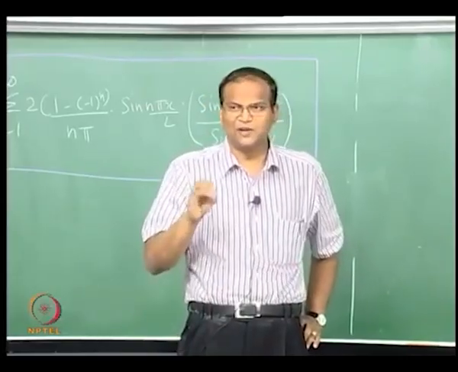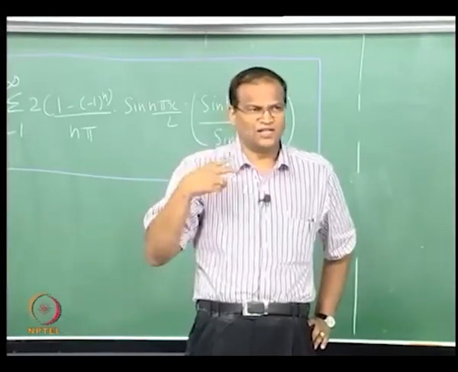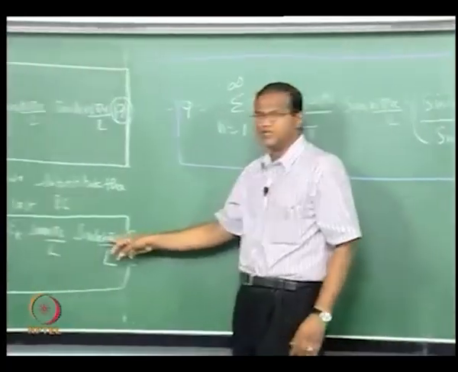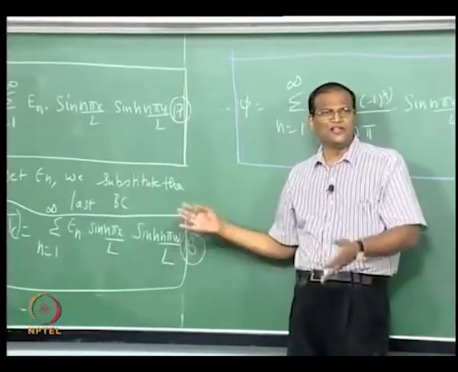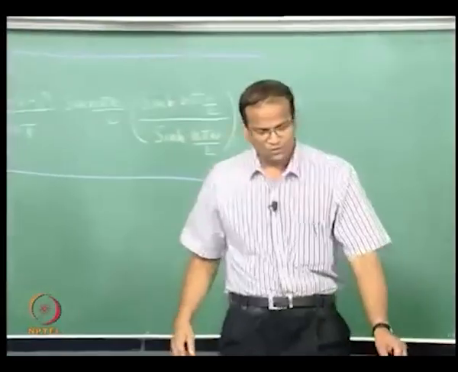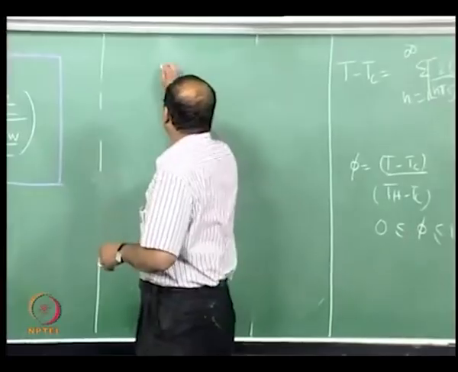Insulated boundaries are very easy to handle. In finite element we call them natural boundary conditions. Now if you have more than one inhomogeneity, this approach of using orthogonality will not work, because you can get only one constant. Then how do you solve that problem?